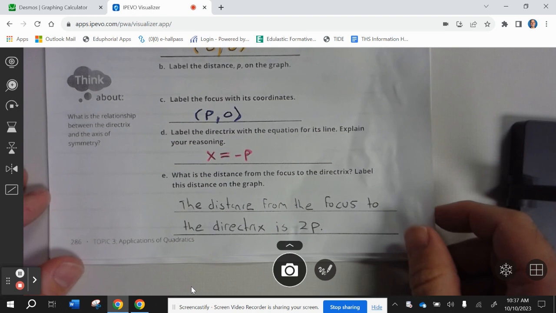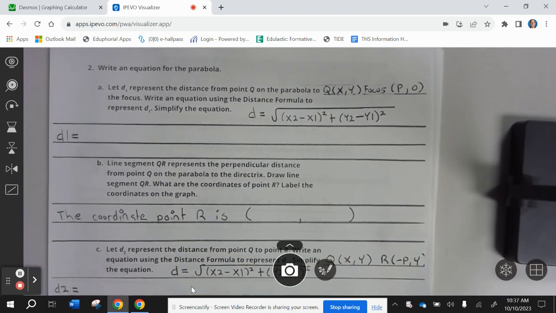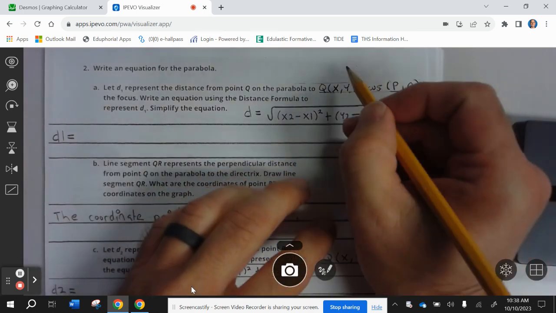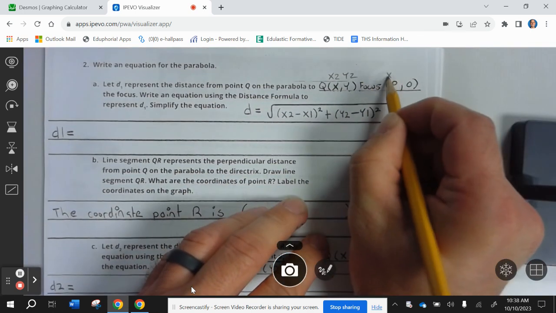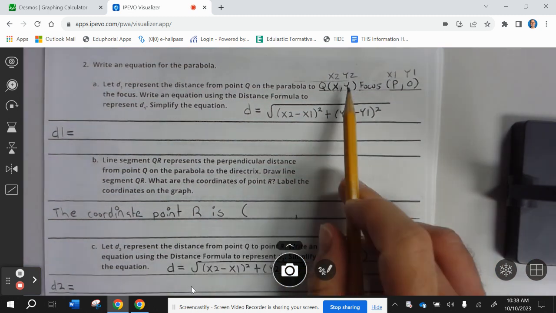Let's take a look at the next page. Write an equation for the parabola. Let d1 represent the distance from the point Q on the parabola to the focus. Write an equation using the distance formula to represent d1. Simplify the equation. So this is x2, this is y2, this is x1, this is y1. We plug these into the distance formula.